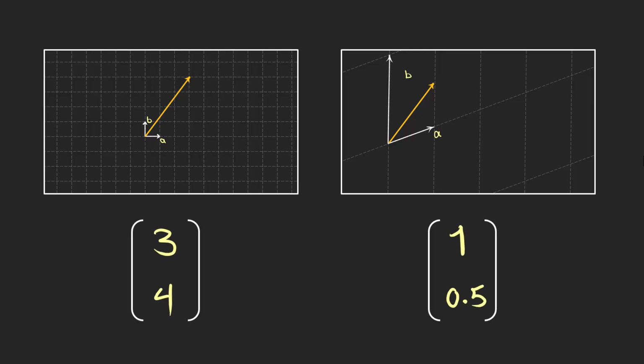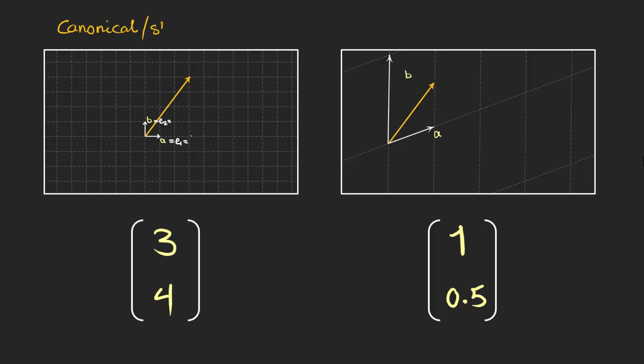So far, we have talked about these two sets of basis vectors that form two different coordinate systems. They can both span the two-dimensional vector space or the whole two-dimensional plane. And in each coordinate system, the same vector is represented using different coordinates because the basis vectors are different in them.